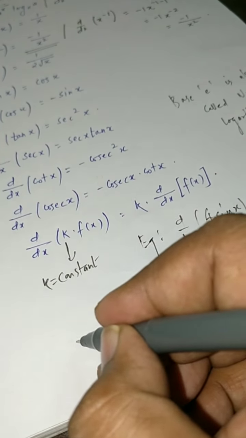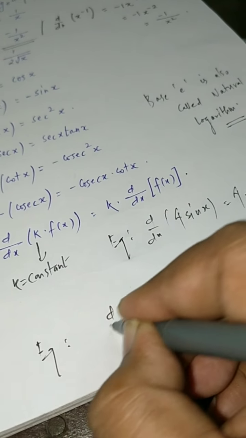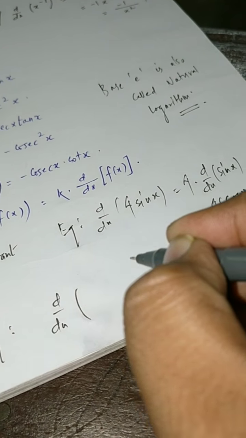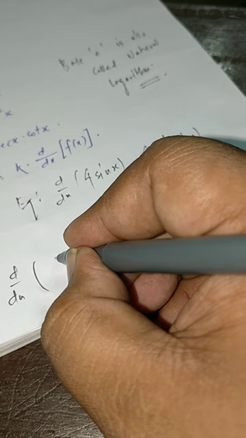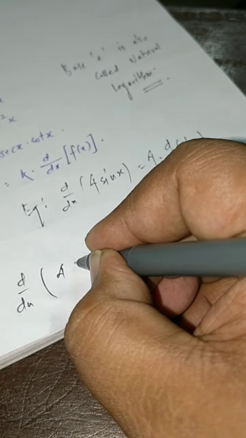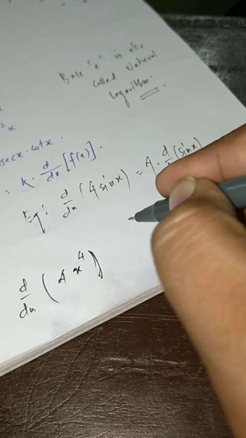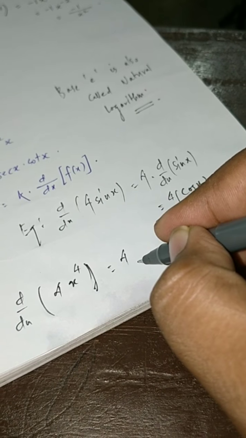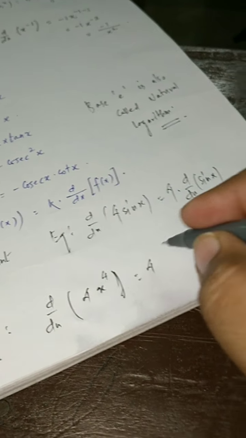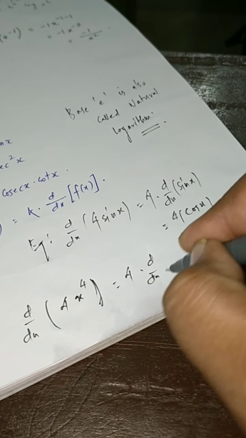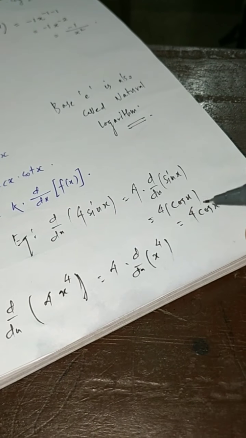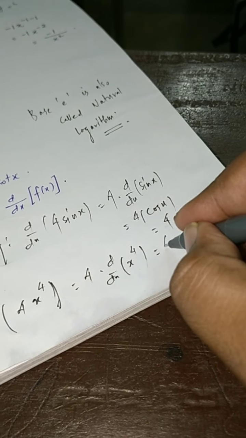Let me take one more: d/dx of 4x power 4. This is the question given to us. First of all, according to formula number 15, the 4 will come out. So what is remaining? d/dx of x power 4. 4 is remaining outside.